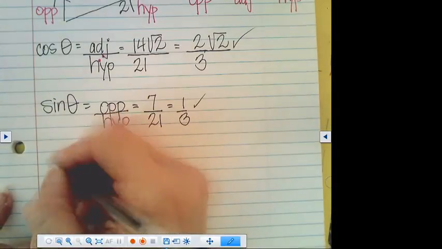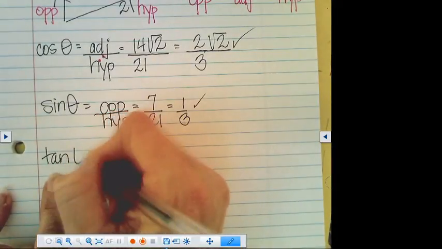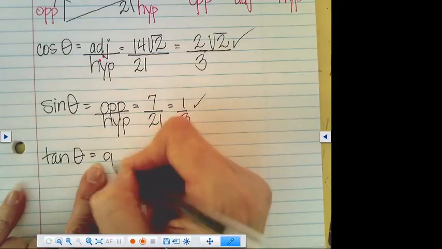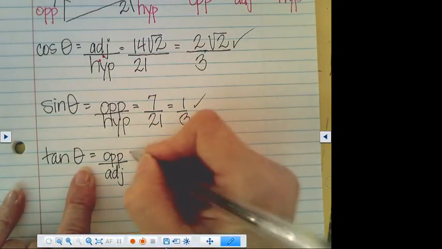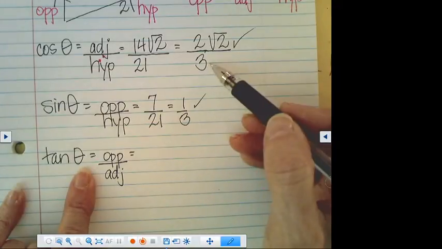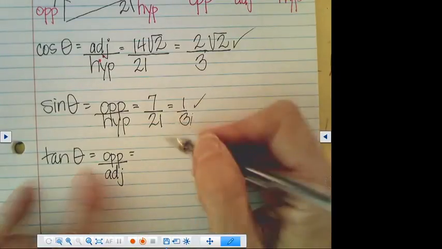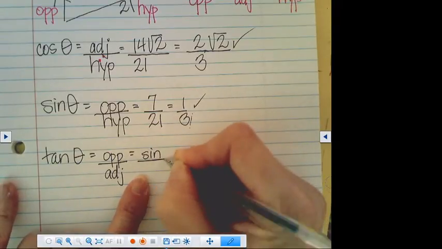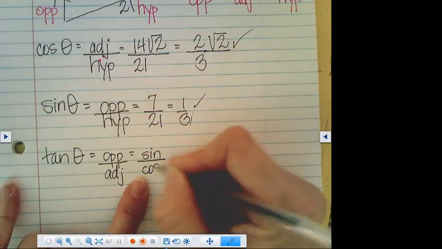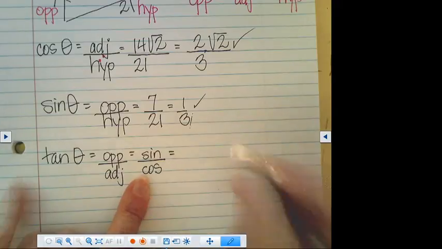All right, tangent. You can use opposite divided by adjacent, or if your denominators are the same, you can simply use the numerator of your sine answer and the numerator of your cosine.